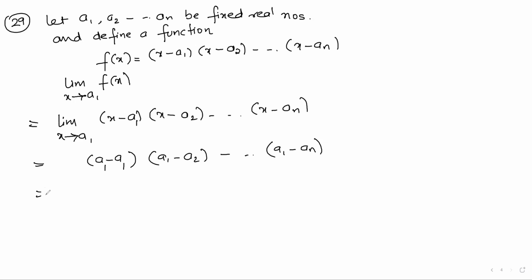So can anyone tell me what is the answer for this? 0. Very good. This will give you 0. So 0 into all the rest is 0. Okay, Sparsh and Noma. Yes sir. Okay, please note down this, then we will start the next one.